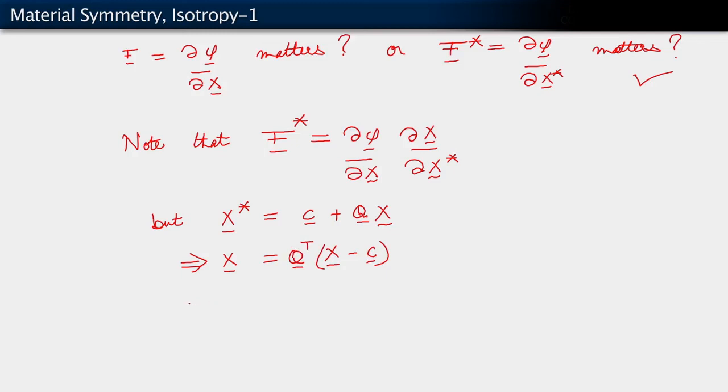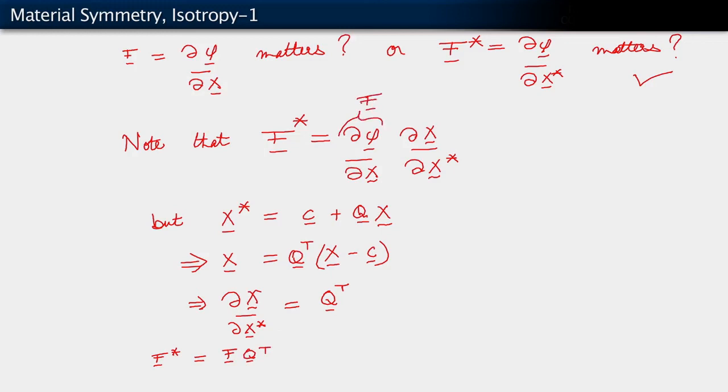What this gives us is that partial of x with respect to x star equals Q transpose. So finally we get F star equals F Q transpose, where of course we realize that this is F.